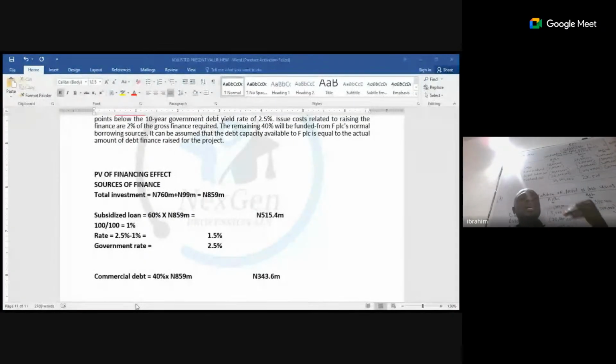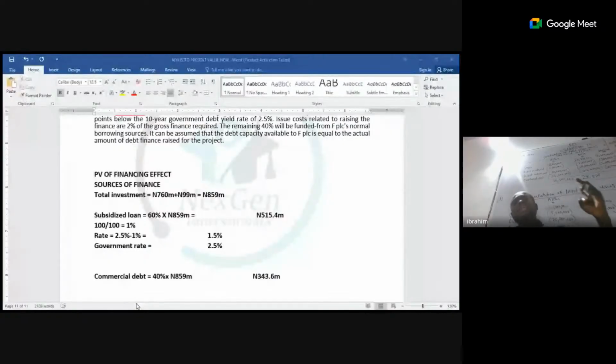When you want to determine the commercial rate, you look at it from the perspective of the bank. Now, the basis points that the bank is lending at, 32% or 31%, is above the MPR, monetary policy rate.